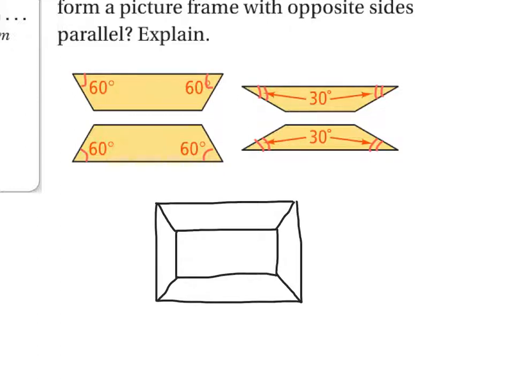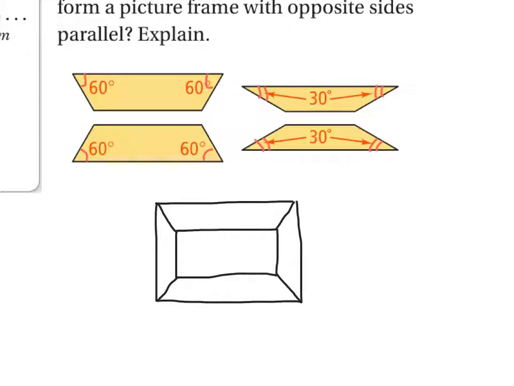So in a rectangle, we should have 4 90-degree angles. So the question is, is there a way to put these blocks together so that we get nice 90-degree angles? Yes? No? Maybe? How do we think?